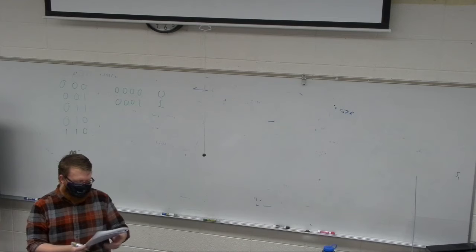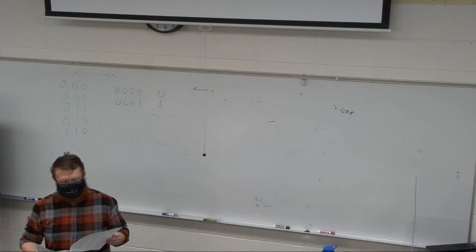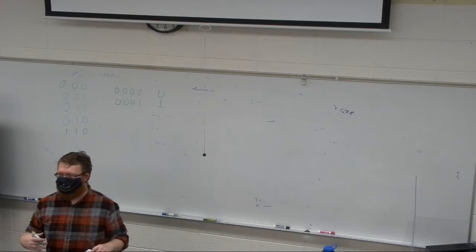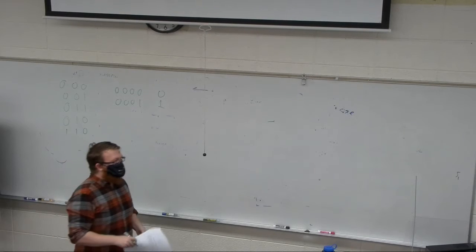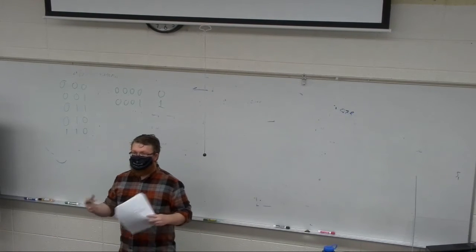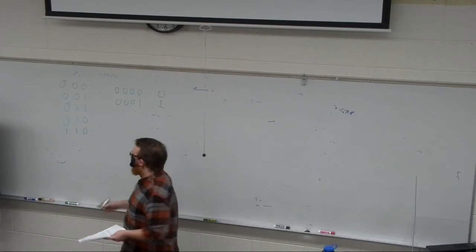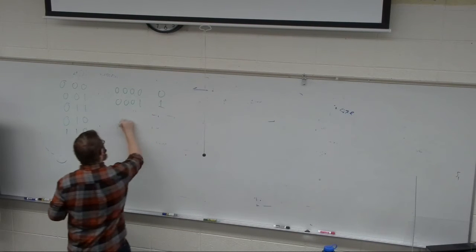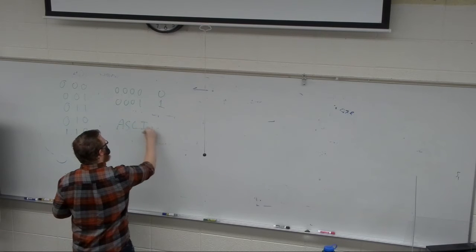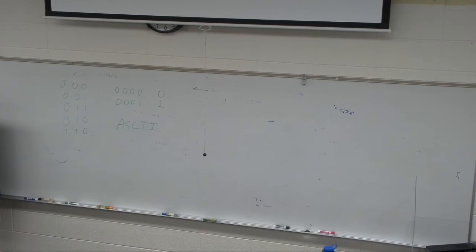So we're going to talk some about different encoders and how we might implement those encoders in VHDL. There's one other kind of encoding that is really important to be aware of because it gets used all over the place. It's called ASCII. ASCII is what is used to encode your keyboard.